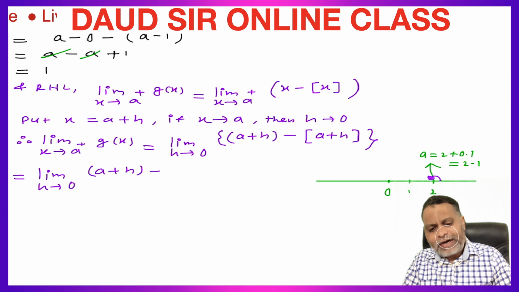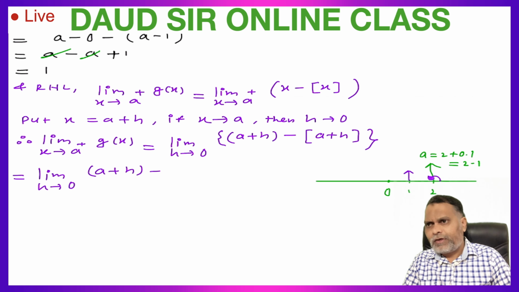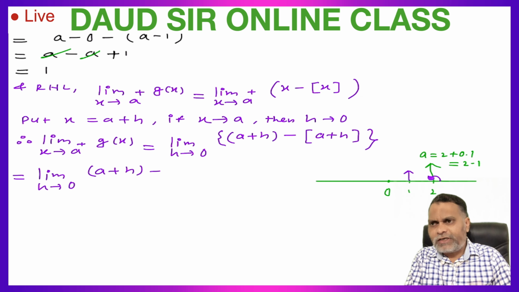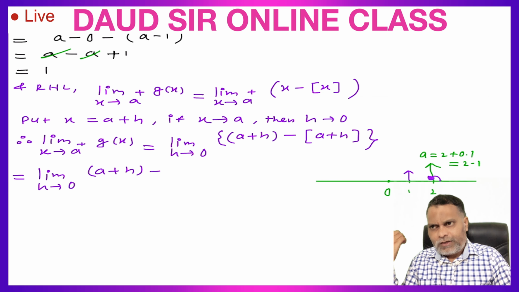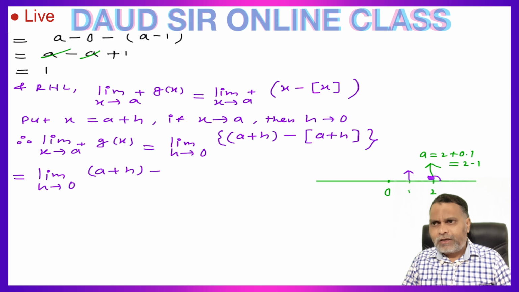Suppose we are taking this a as 1, so a plus h will become 1.1. 1.1 is not an integer, so its greatest integer is 1 only. So whichever integer we are taking, we are getting the greatest integer of a plus h as only that number.